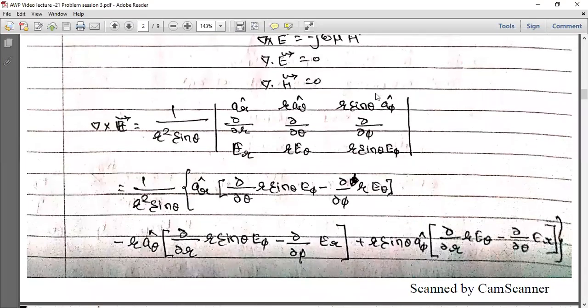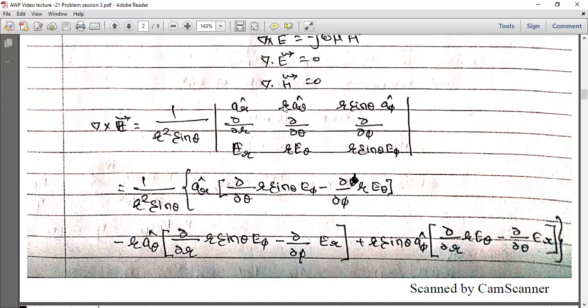So as usual, we expand this determinant, with 1 upon r squared sine theta as it is. First we find the component in the r direction, so a_r here as it is, and from the remaining rows and columns we have del by del theta of r sine theta E phi minus del by del phi of r E theta.